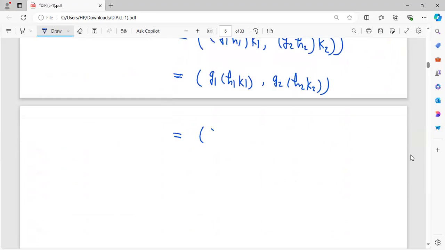So this is equal to (g1, g2)(h1k1, h2k2).